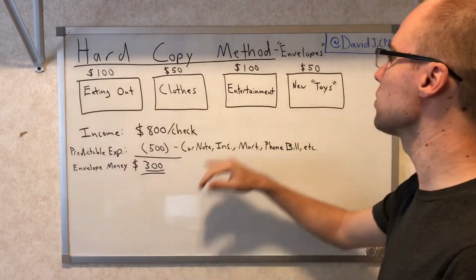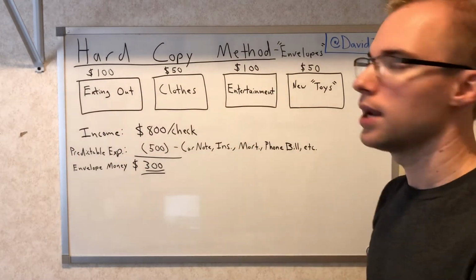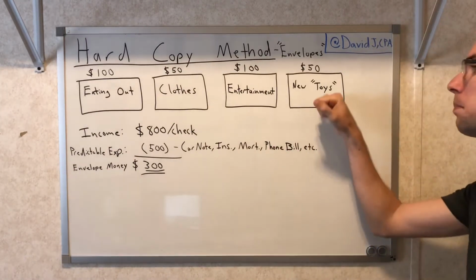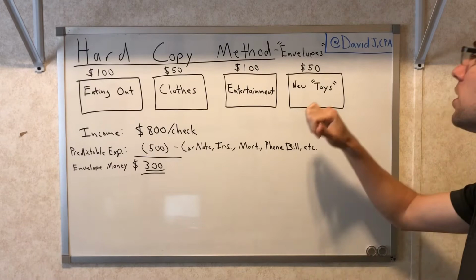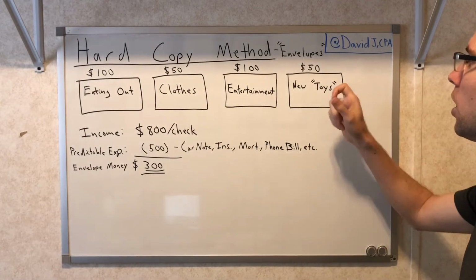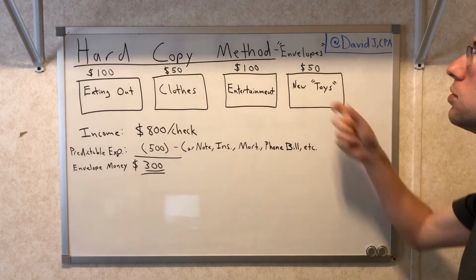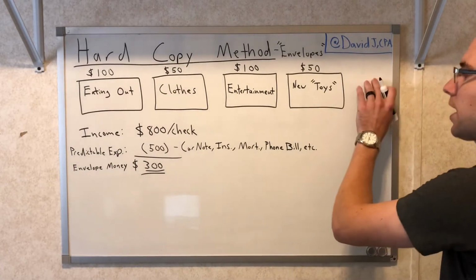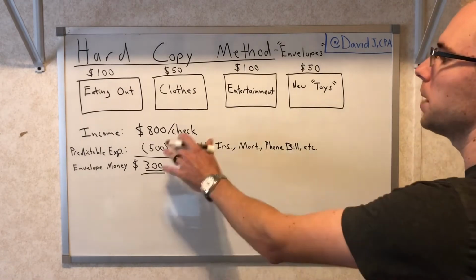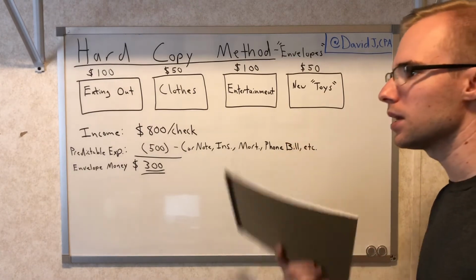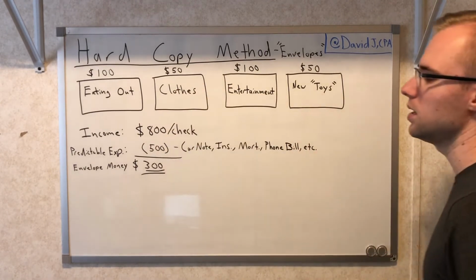Eating out $100, entertainment $100, okay? Now, maybe that's not you. Maybe you really want to buy some new AirPods. Maybe you really want to buy that new iPhone that's coming out. Whatever it may be, maybe you would allocate more of your money to new toys. That's strictly up to you, okay? Or maybe you have a whole different category entirely. But as long as it's fluctuating expenses, that goes in the envelopes.